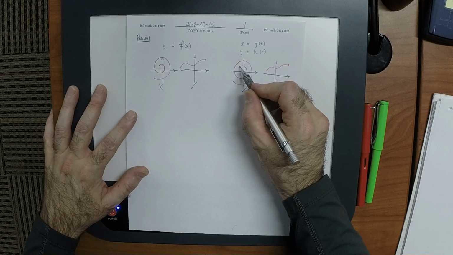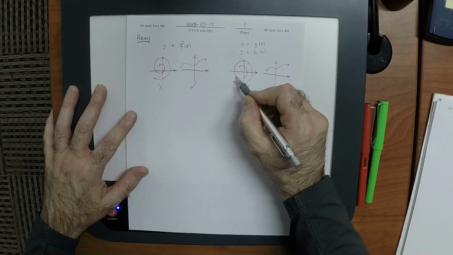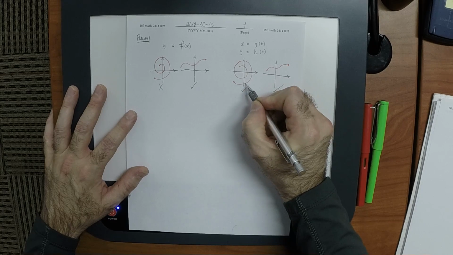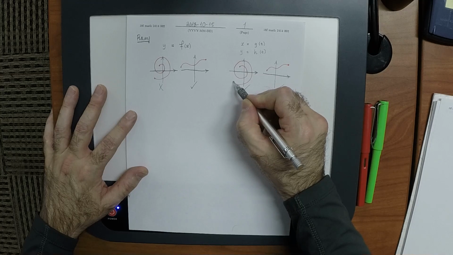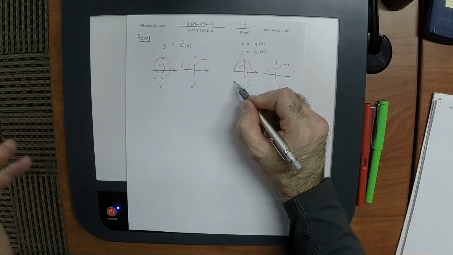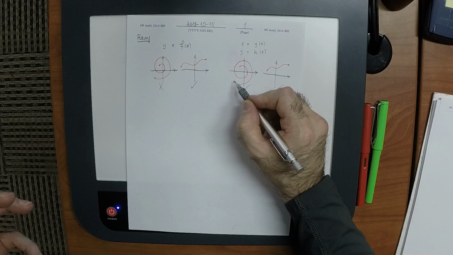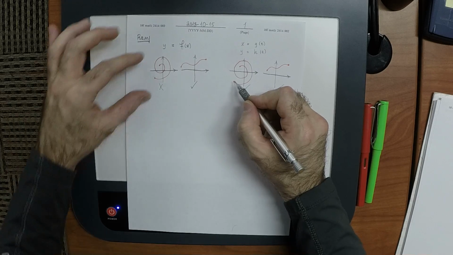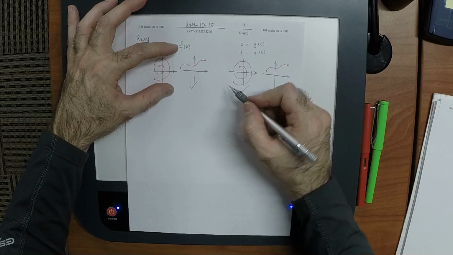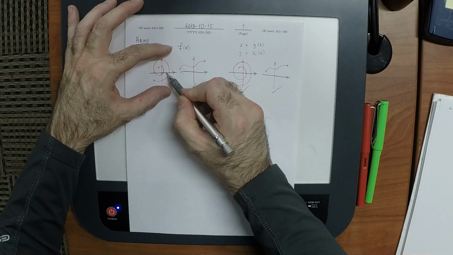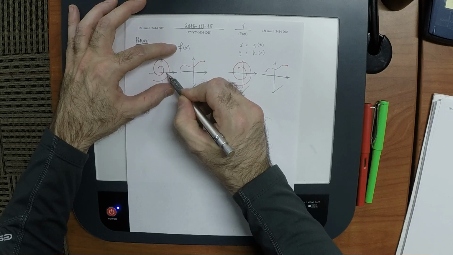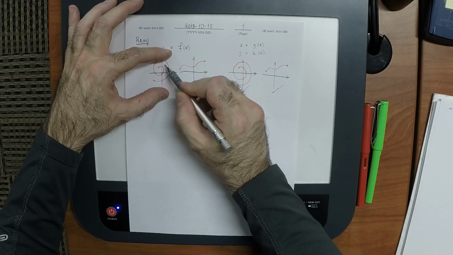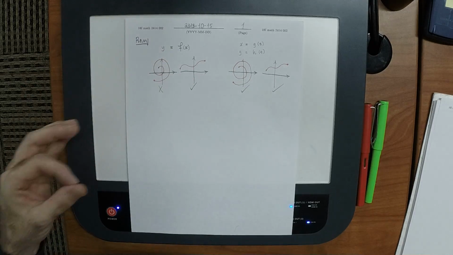At some point my utensil is there, and then it's moving around. Notably, in time, my utensil is only in one place at a time. It's not in multiple places at a time. That's what's wrong with this: for each x value, to draw it, my pencil would have to be in two places at the same time. It'd have to be down there and up there, and that's not possible, which is why this isn't a function.